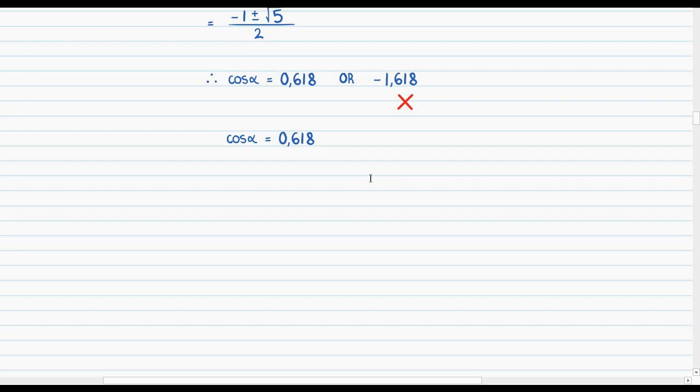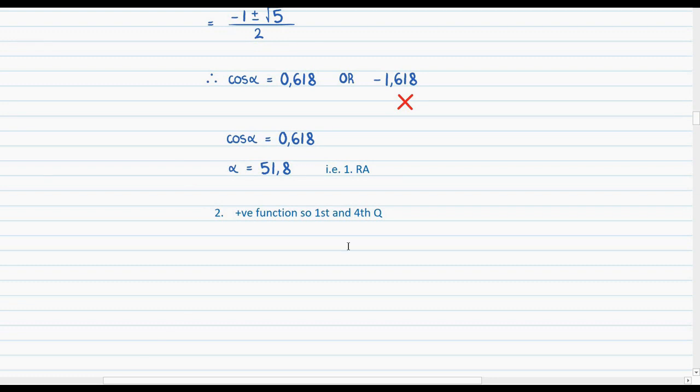And we can finally now solve for alpha and go through the whole process as before. So first, take cos to the other side and say cos inverse of 0,618, which gives a value of 51,8, which is essentially the reference angle. Then we can go to the next step, which is to realize that this is a positive function, and cos is positive in the first and fourth quadrants.